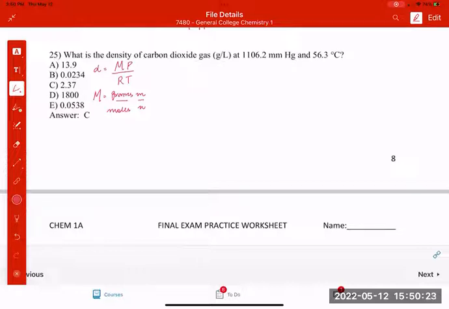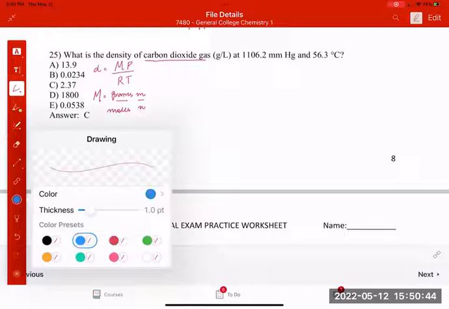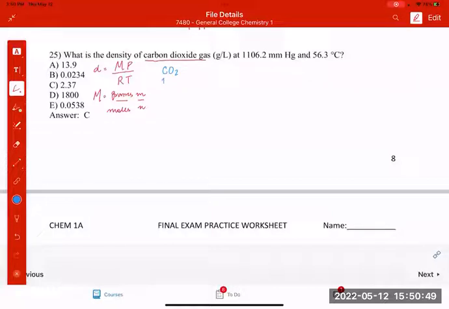So you know the formula: density is equal to M, the molar mass, times the pressure over RT. First, you calculate the molar mass of carbon dioxide: 1 carbon times 12, 2 oxygens times 16. So 12 plus 32 is 44 grams per mole.